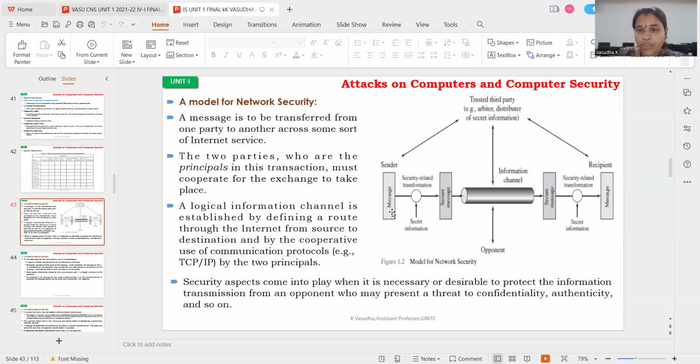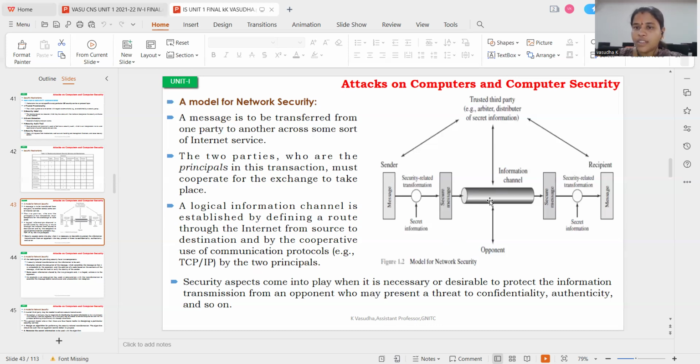So whatever message the sender wants to send to the recipient, even an important one, has to be converted into secret information. That secret message is sent through the network channel.